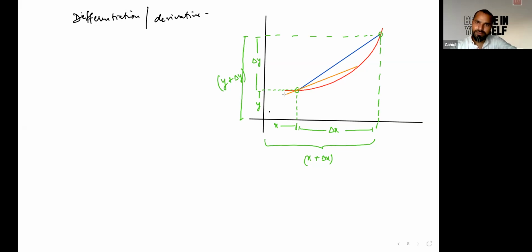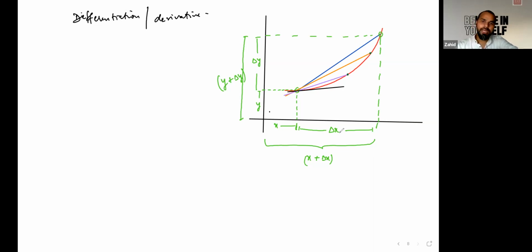So if I shrink this again at this point, and again at this point, in this whole process I am bringing this point closer to the original point.